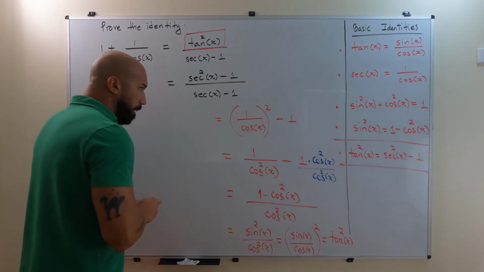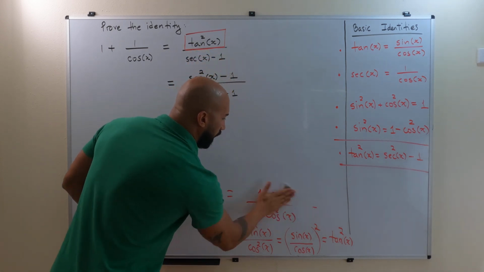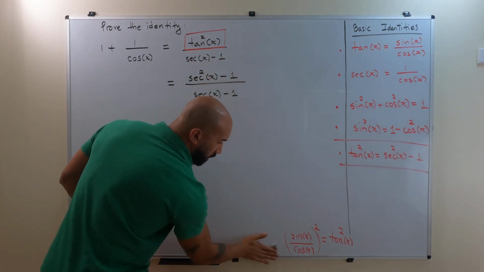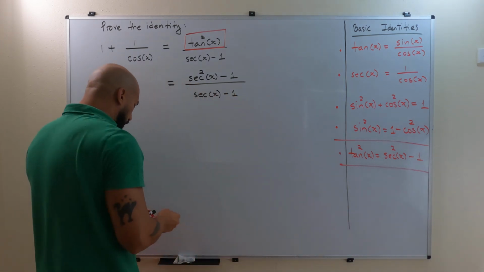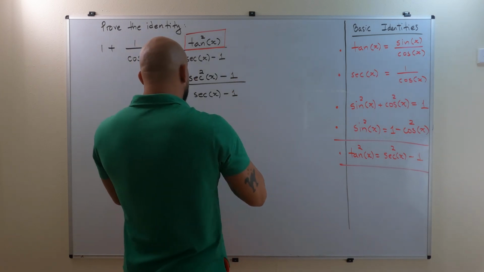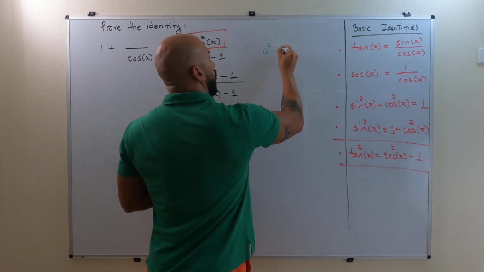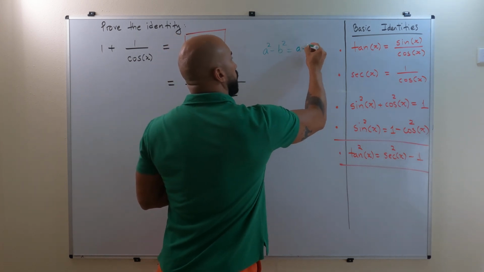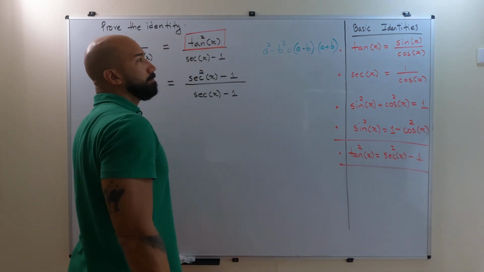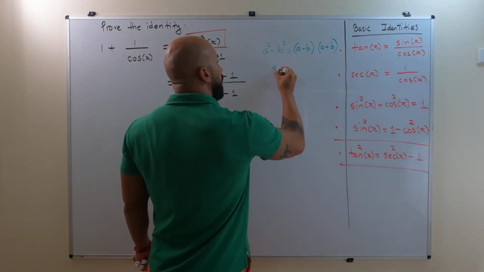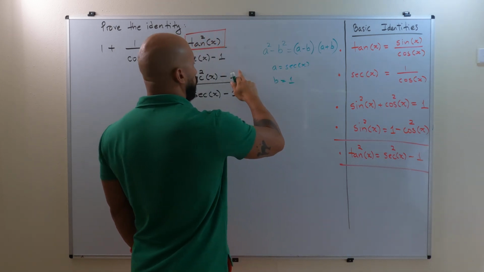But the numerator is a difference of squares. Okay, we know that a squared minus b squared is equal to a minus b multiplied by a plus b. In our case, a is equal to secant of x and b is equal to 1 because 1 squared is 1.